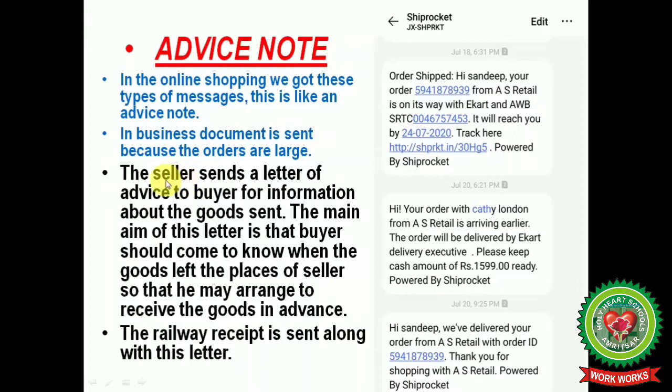So the seller sends a letter of advice to the buyer for information about the goods sent. The main aim of this letter is that the buyer should come to know when the goods left the seller's place, so that he may arrange to receive the goods in advance. The railway receipt is sent along with this letter.